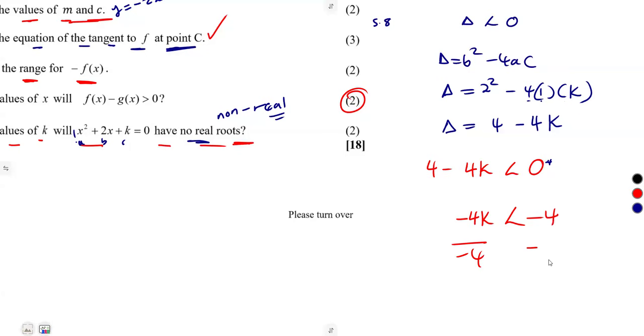Divide by negative 4. Remember, the moment you divide by a negative, the inequality sign reverses, or changes. So it's going to be greater than 1. So k is greater than 1 from the information that we have obtained.